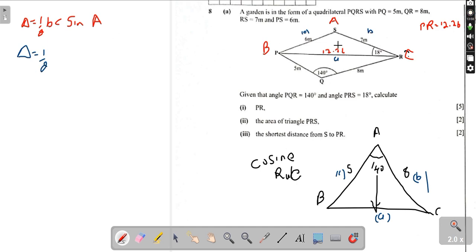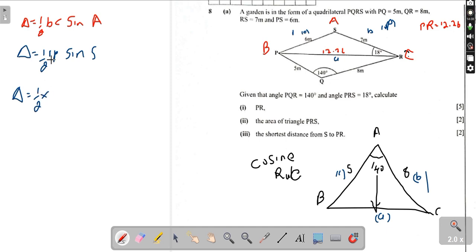Now our B is P, and this is R. So we're just going to use P, R, and sine of the angle S. So RP sine S. The triangle I'm writing stands for area.